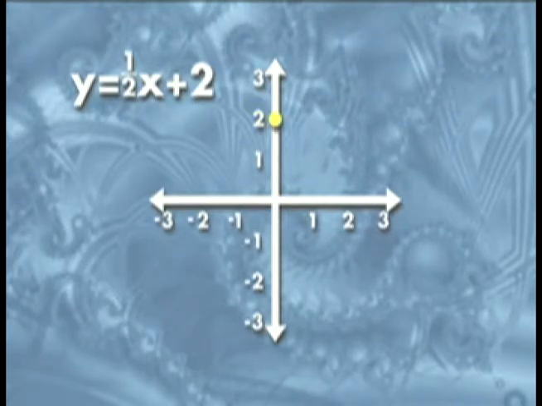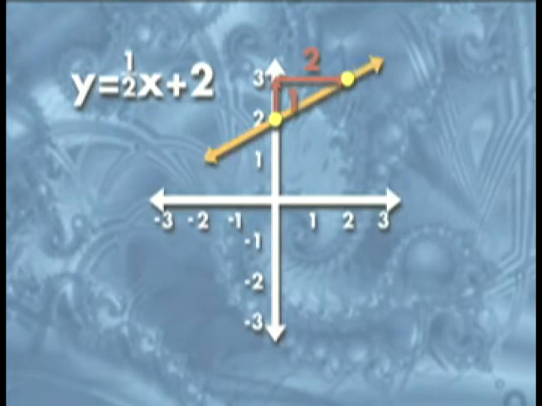Then, because the slope, 1/2, equals rise over run, we know that from any point on a line, if we rise up 1 unit and run over 2 units, we'll end up at another point on the line. Finally, we just draw the line that passes through the 2 points. And we're done. We have the graph of the equation y = 1/2 x + 2.